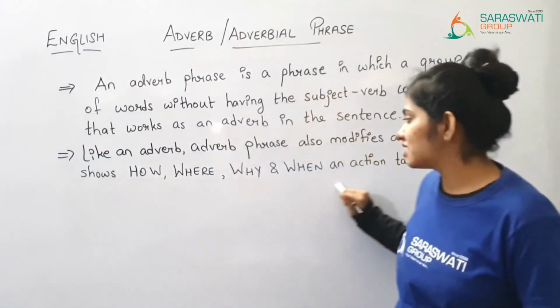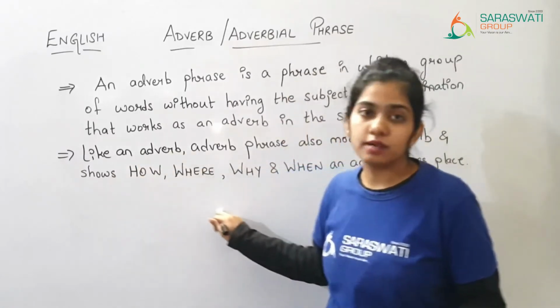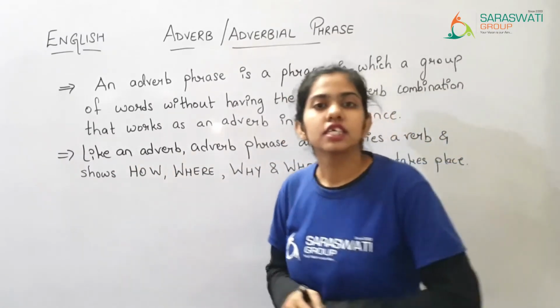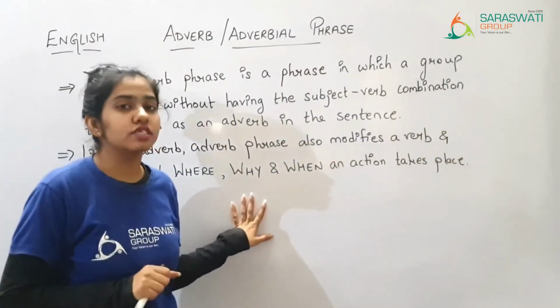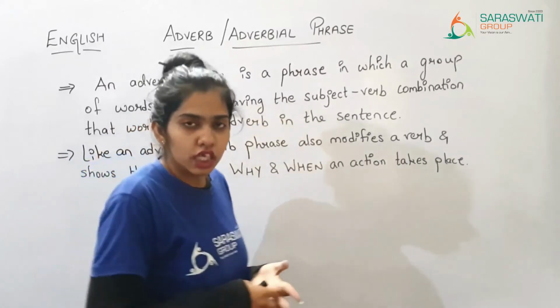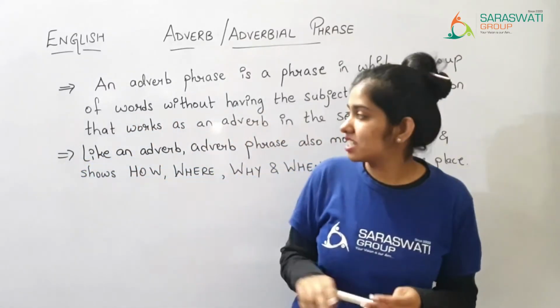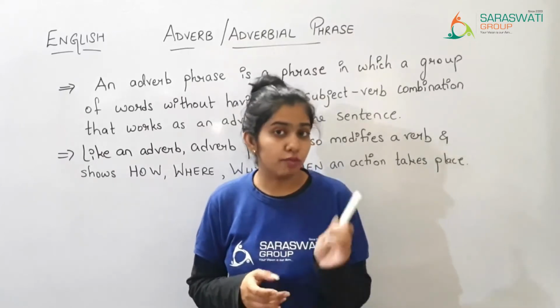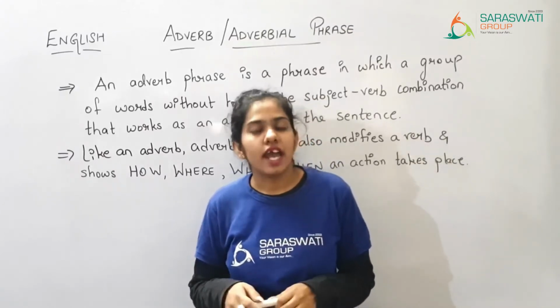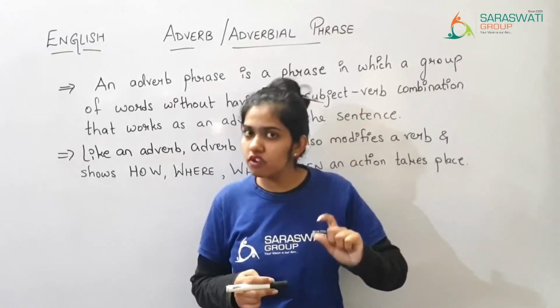By asking these questions you will come to know about that adverb phrase, that which kind of adverb phrase you are supposed to use to modify that verb. Okay, so for this reason adverbial phrases are used. They are just like an adverb only, but adverb means only a single word.